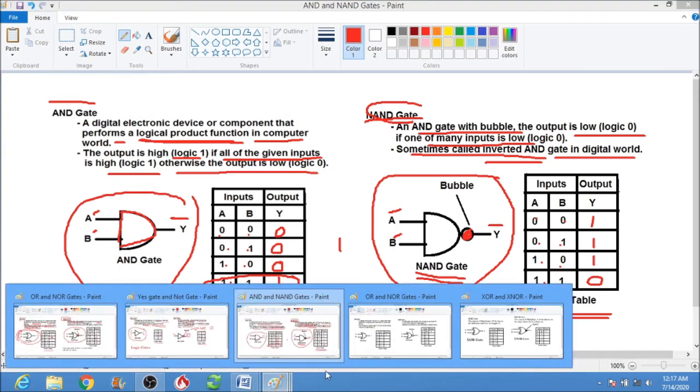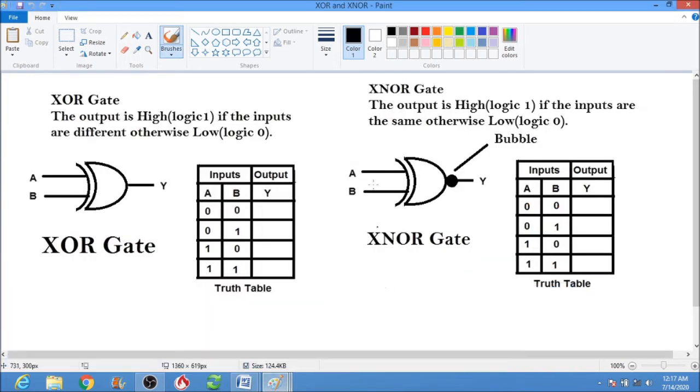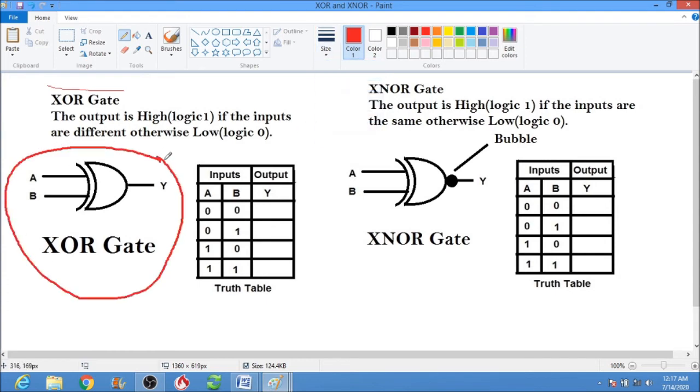Okay. The next is the XNOR and XOR gate. So we have the XOR gate. This is the symbol of your XOR gate. Definition: the output is high or logic 1 if the inputs are different, otherwise logic 0.